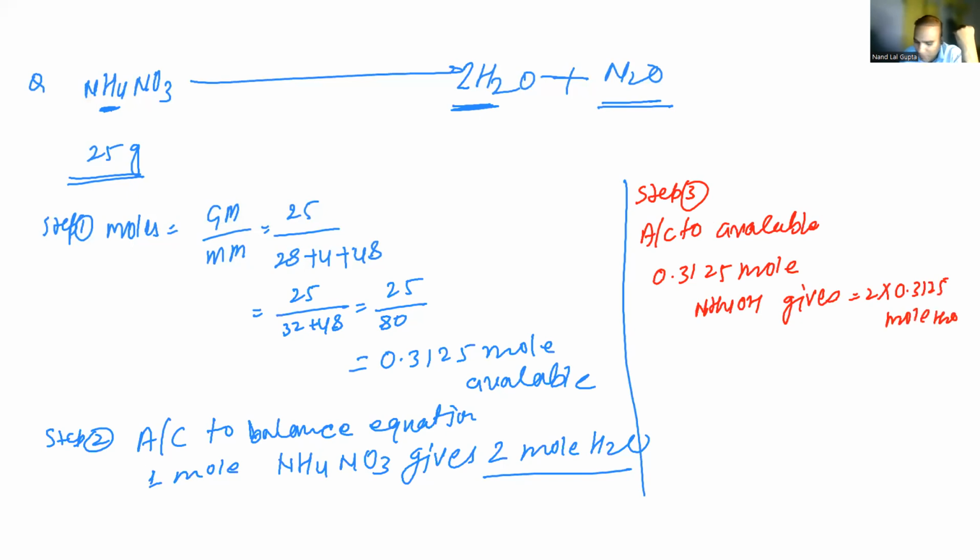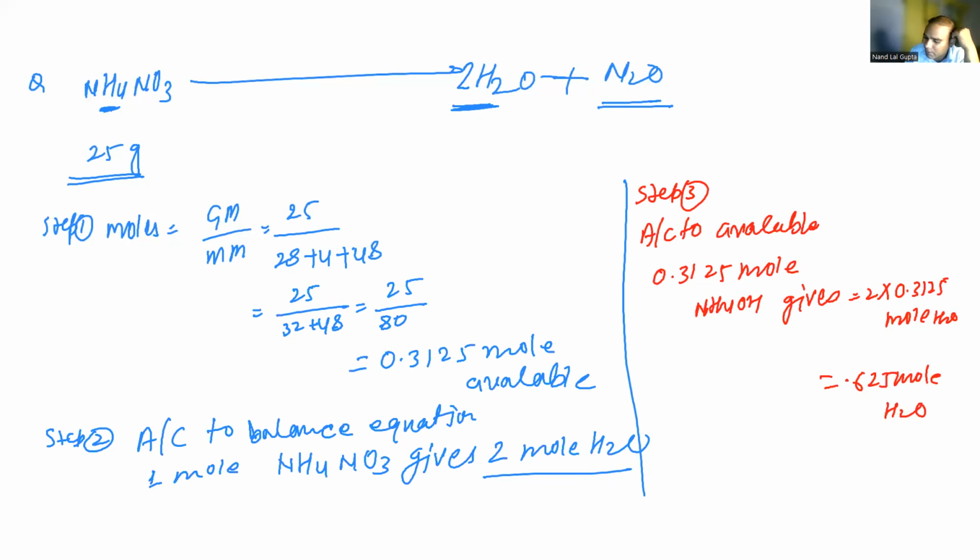Now we can multiply easily. Let me multiply 2 by 0.3125. So it is coming 0.625 mole H2O.